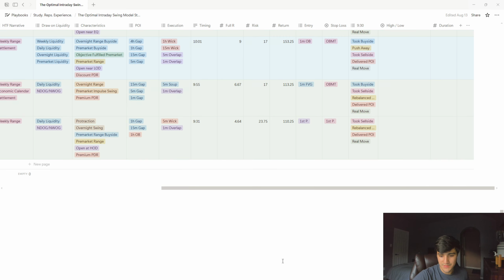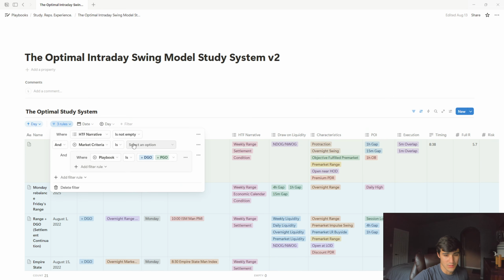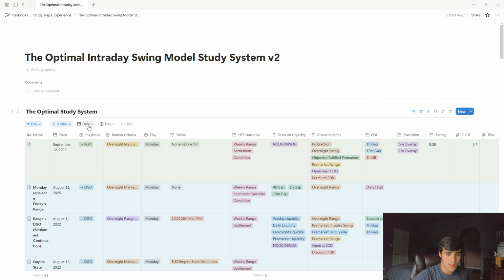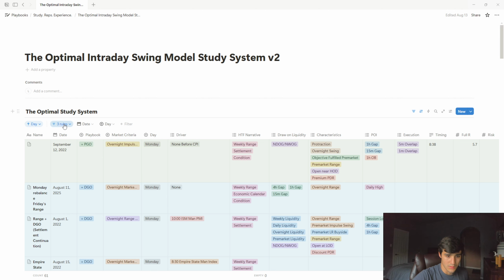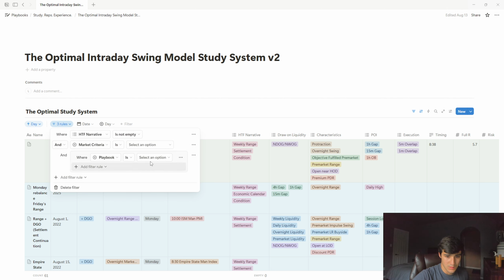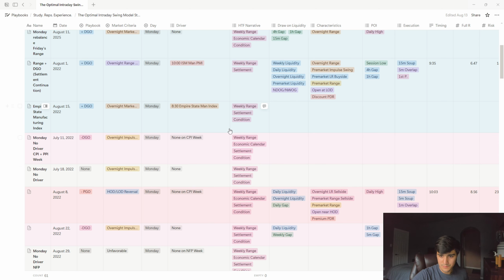Let's put a filter on this so we can get rid of all of the entries that are empty. Filter, higher time frame narrative is not empty. Okay, that would be it. And then these should not be there anywhere. So I have 61 recorded examples.